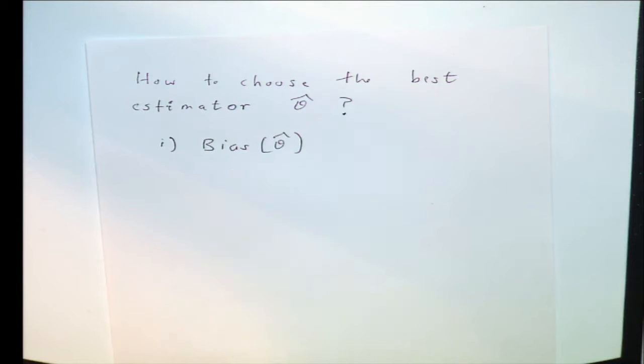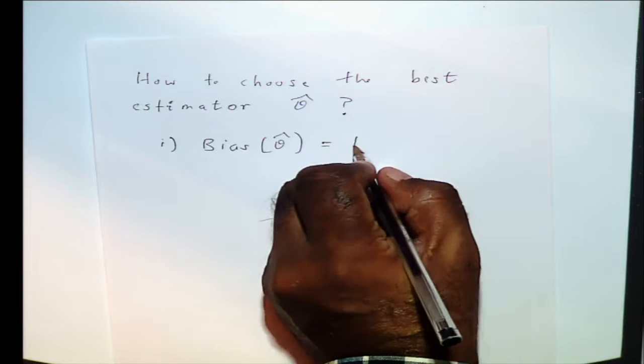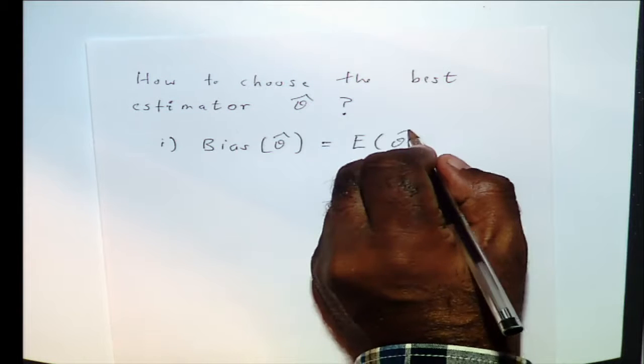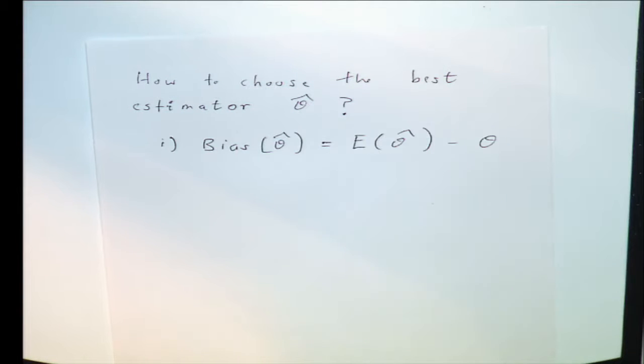One is called the bias. The bias of theta hat is defined as the expected value of theta hat minus the true parameter theta.